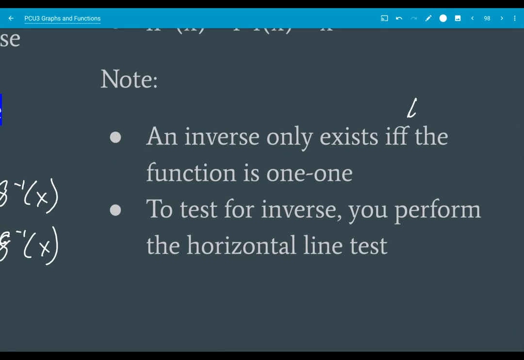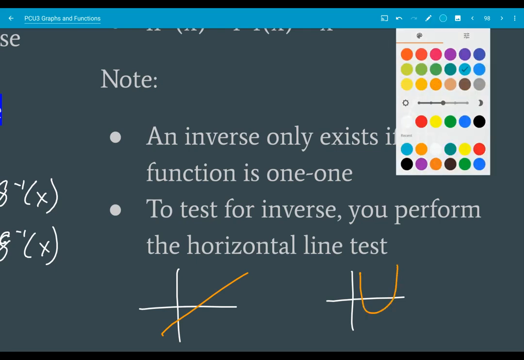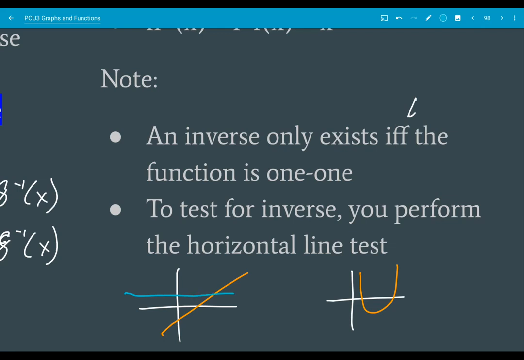And the way to test if a function can be inverted without special considerations is the horizontal line test. So recall the vertical line test tells us whether or not something is a function. The horizontal line test tells us if we can take an inverse. So let's take two different functions. Let's take this function and this function. And then let's perform a horizontal line test.